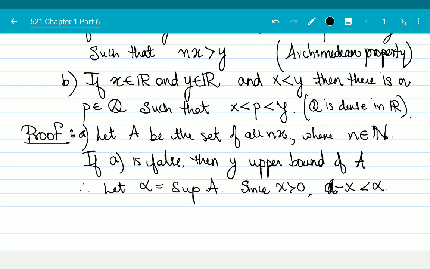we have that alpha minus x is smaller than alpha.